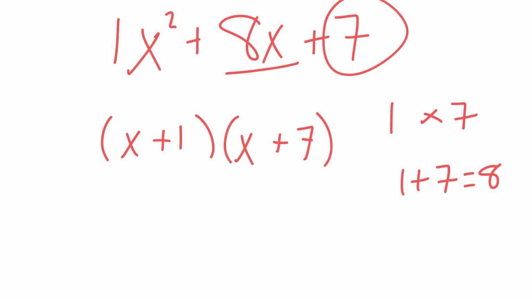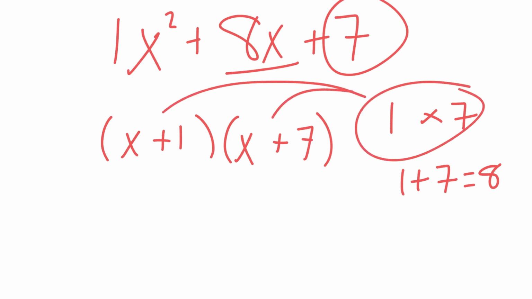All that matters is that we satisfy those conditions. So they have to be factors of the last number without the variable, and then those factors need to add up to get the number in the middle. If that's the case, then we can just take those same factors and drop them into these parentheses. So these are our factors, x plus 1 and then x plus 7.